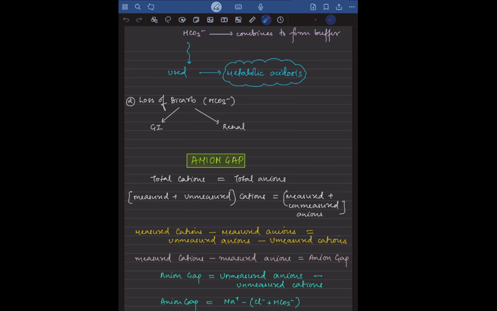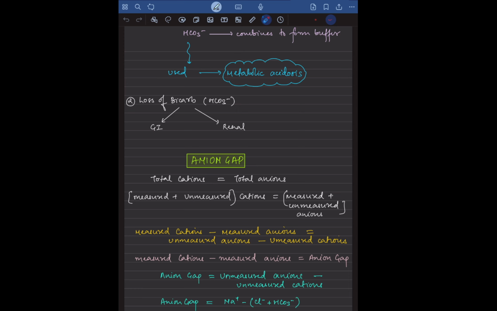So the anion gap is the unmeasured anions minus the unmeasured cations, which is sodium minus the chloride plus the bicarb. Remember this formula, which is very different from the urine anion gap, which we'll be studying later.